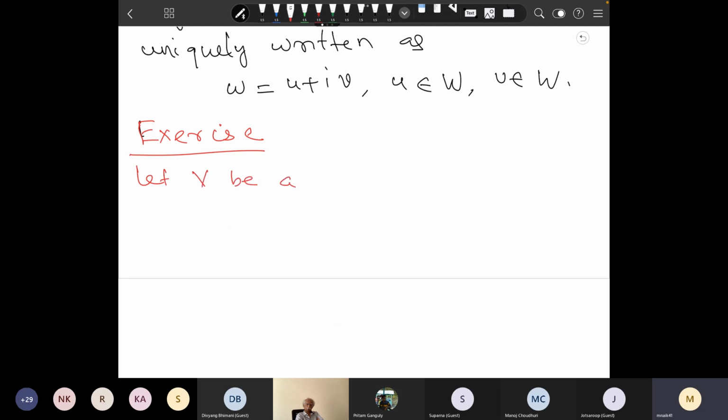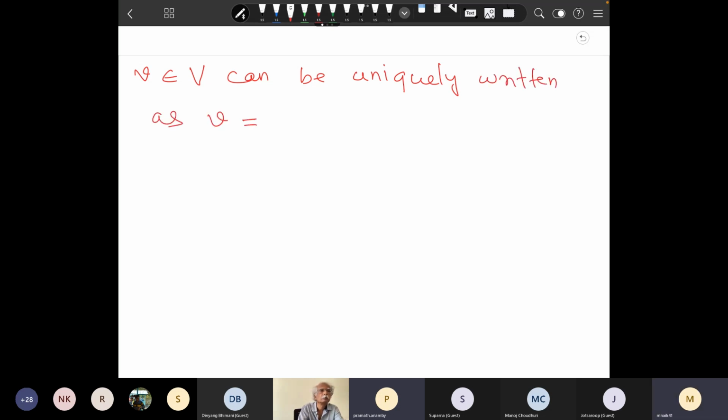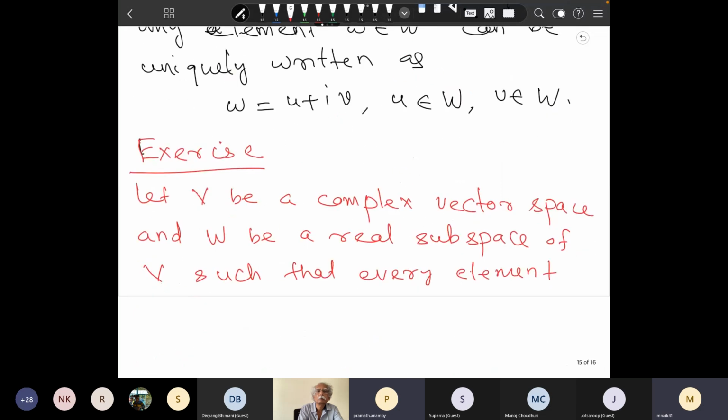Let V be a complex vector space and W be a real subspace of V such that every element V belonging to V can be uniquely written as V is equal to W1 plus I W2, W1, W2 belong to W. Then V is equal to W complexification, WC. This is an easy, trivial exercise.